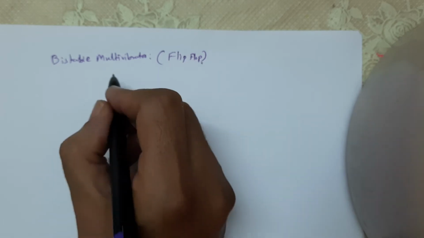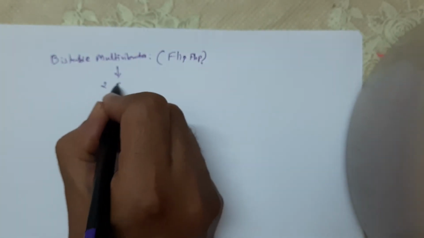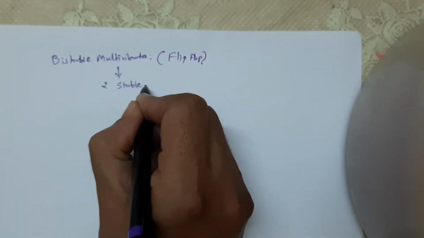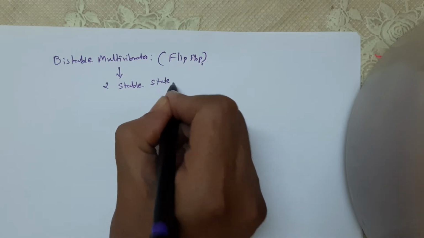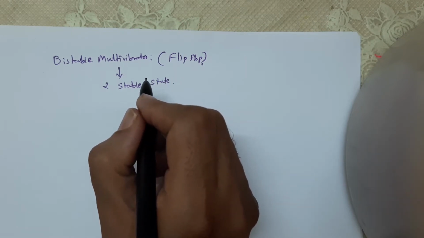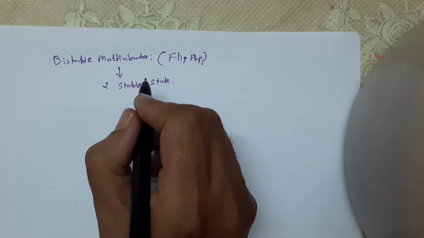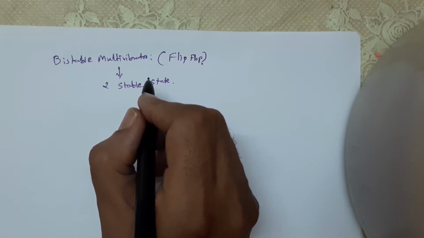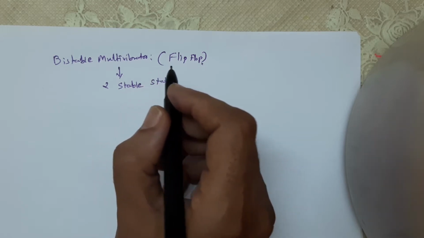It has two stable states. A trigger pulse applied to the circuit will cause it to switch from one state to another. Another trigger pulse is then required to switch the circuit back to its original state.